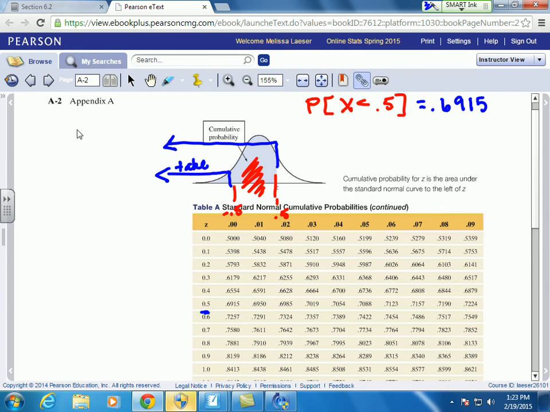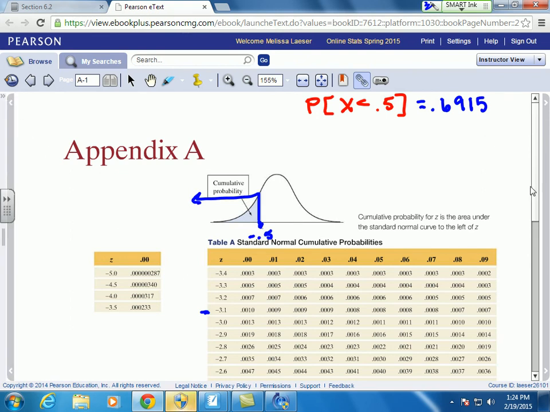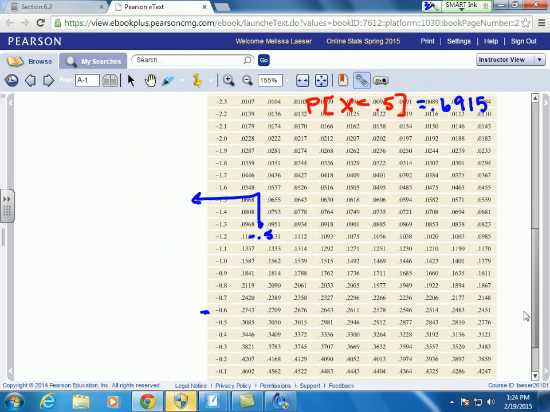So I go to the previous table, and I want to find this part right here at negative 0.5.